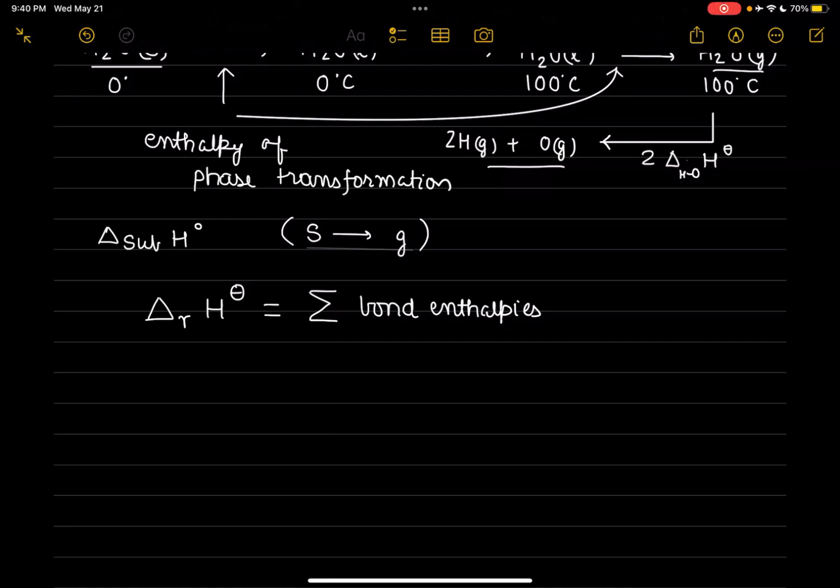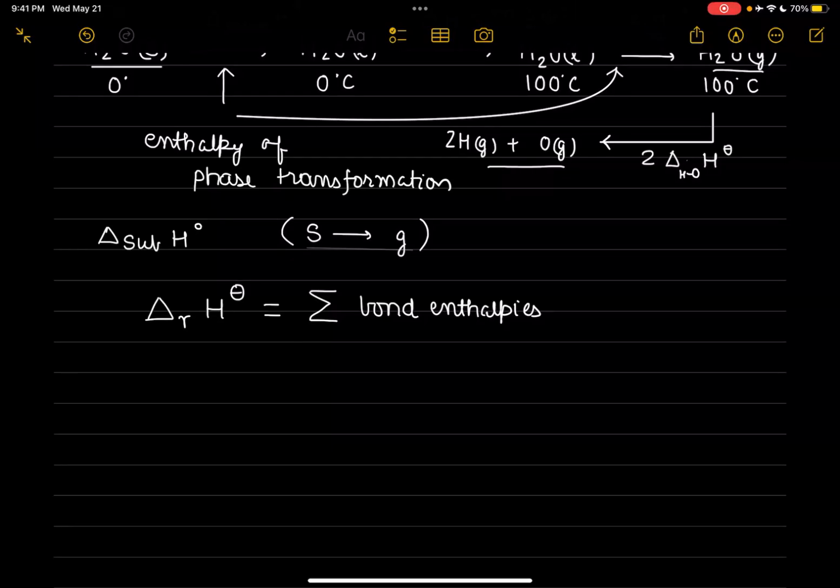If you want to use enthalpy of formation to calculate the overall heat of the reaction, use the sum of the enthalpy of formation of products minus the enthalpy of formation of reactants.